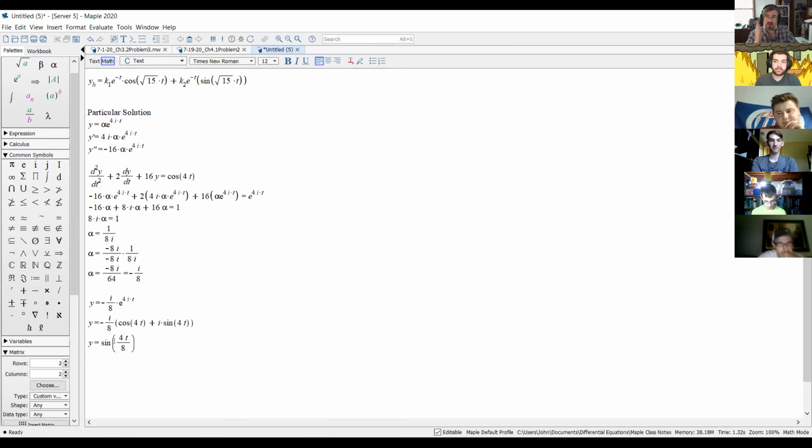And you've got -i/8 times i, so that becomes -i times i, which is +1. So the only other thing I think that you might be missing is there's a 1/8 out front. The 1/8 doesn't get sucked into the sine. The 1/8 sitting out front is there. So inside it's still just 4 times t. Yep. Gotcha.